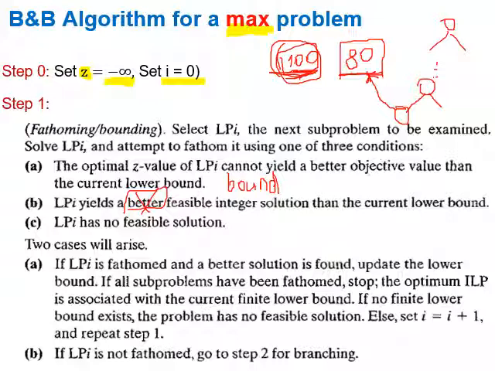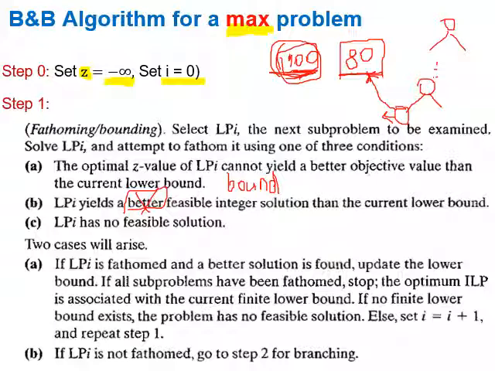What are they? We solve this LP. Remember, it's still an LP. But when we solve it, the decision variables appear to be integers. Although we relax them, the result is integer. Then we say that this is an integer solution for my original problem. Now, assume we already have this integer solution, 100.